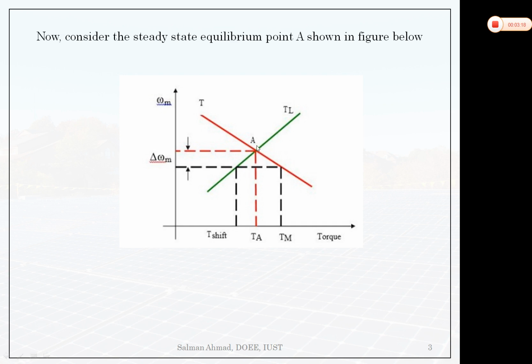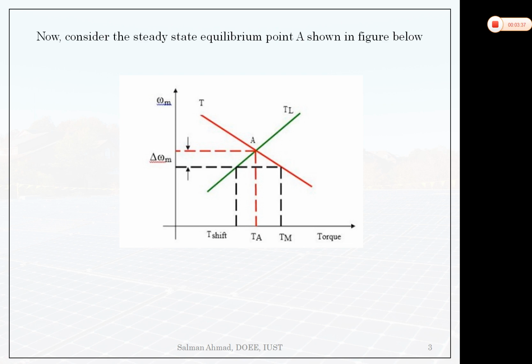So graphically what we do is we slightly disturb the equilibrium point speed. We will increase it, then decrease it, and check whether the drive is capable of coming back to the equilibrium point A or not.